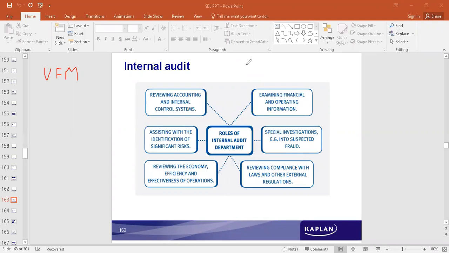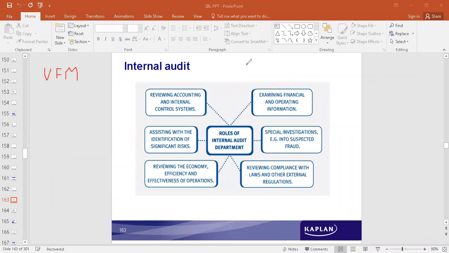So cost control, input output analysis, plus the overall achievement of the organizational objectives. It also reviews whether they are able to minimize the cost and get the cost benefit analysis, where the benefits are according to the amount of cost incurred. Then we see effectiveness in terms of achieving the overall objective of the organization.